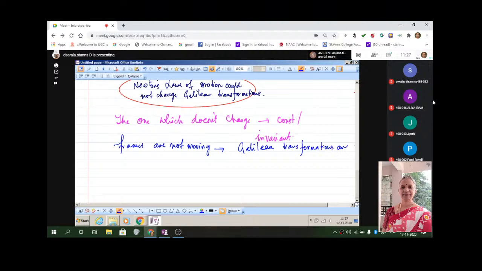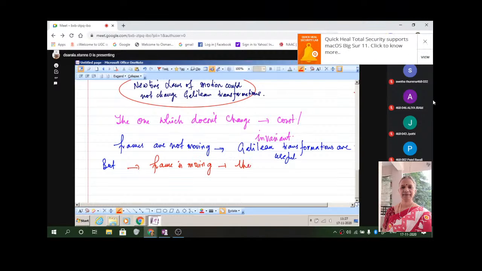But when the frame is moving, as is the case in this present case, they will not give correct results. They will not be able to give you the correct results.